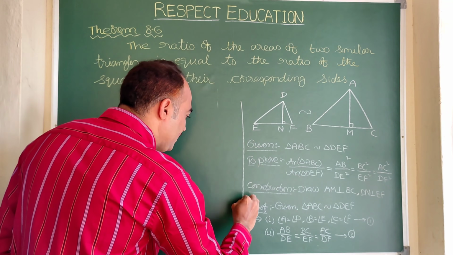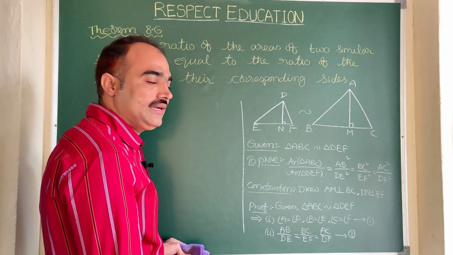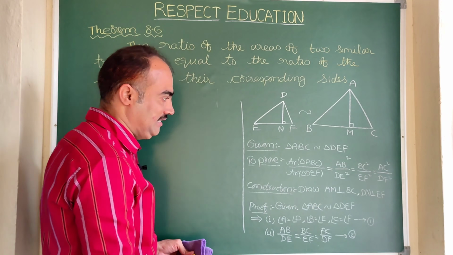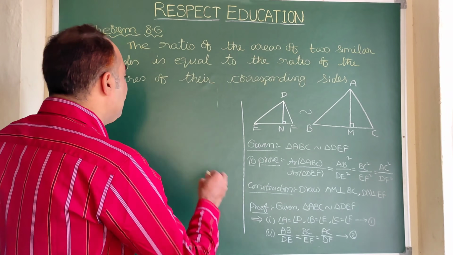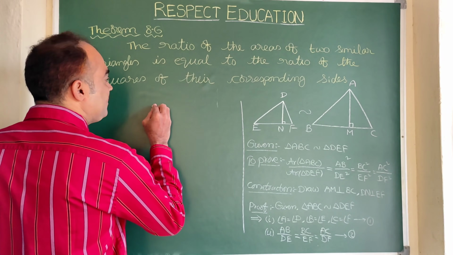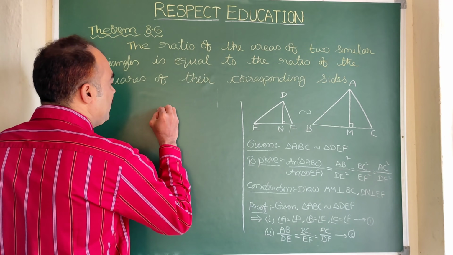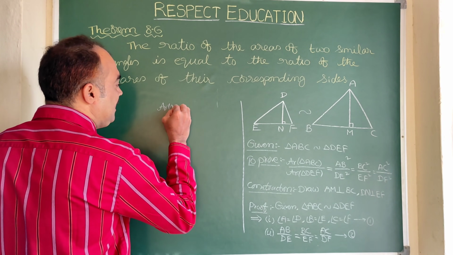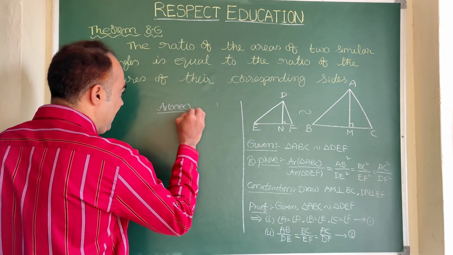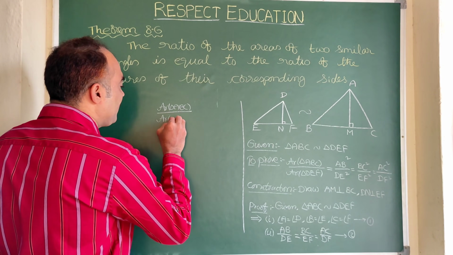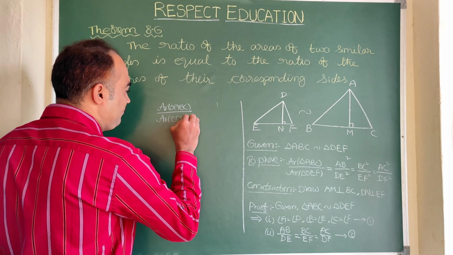Right? Now let us start proving this. Area of triangle ABC by area of triangle DEF. So let us first consider the LHS. Area of triangle ABC by area of triangle DEF.